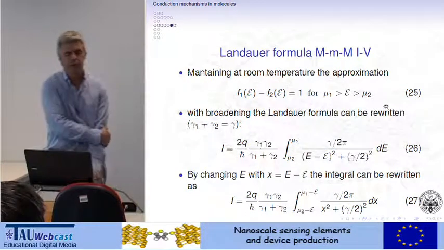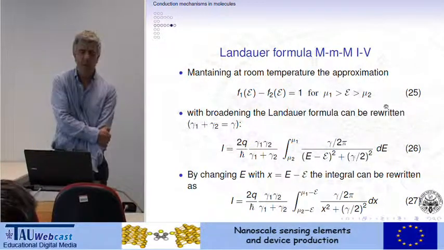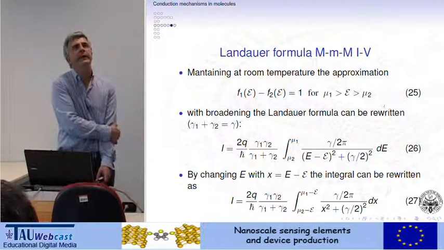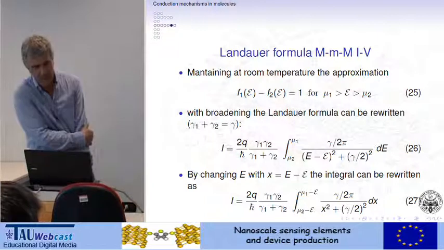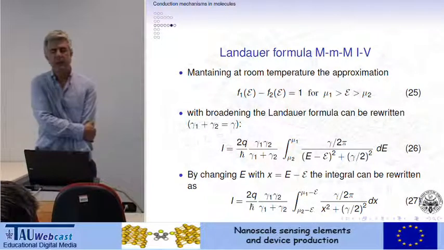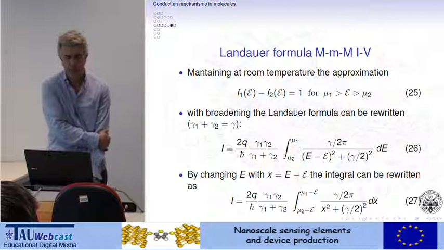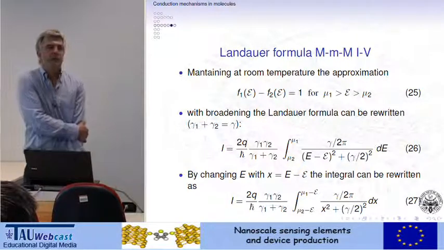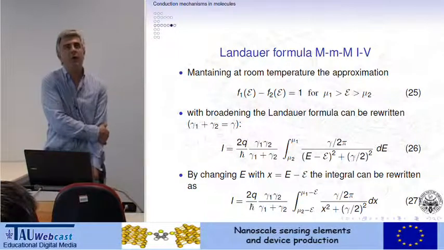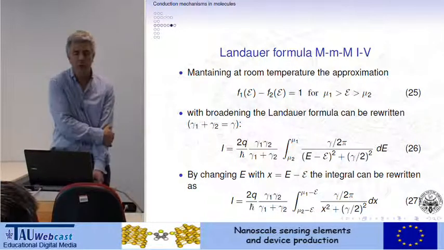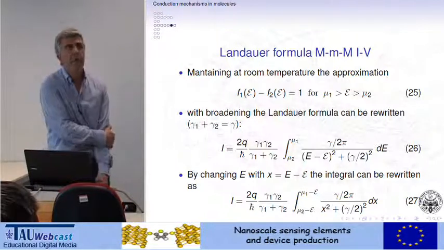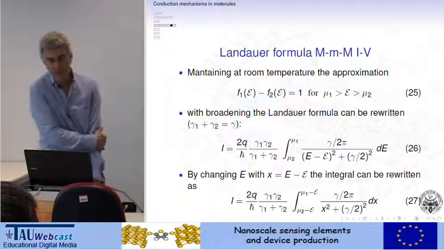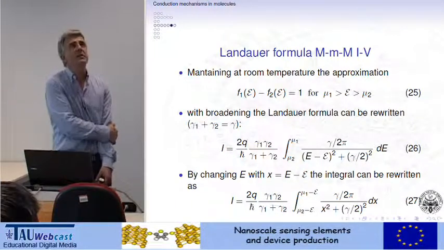But now we have to reconsider our system. The idea that we developed just before to obtain the value of G0 can be applied to the Landauer formula with broadening. Since the Fermi function also at room temperature is not so different from the Fermi distribution at low temperature, we can apply this approximation.